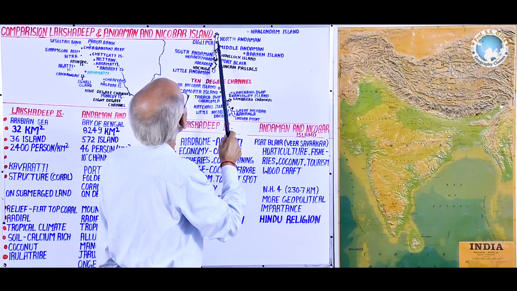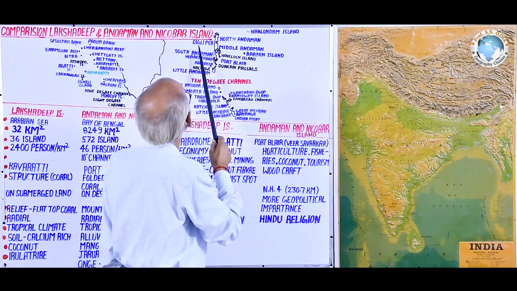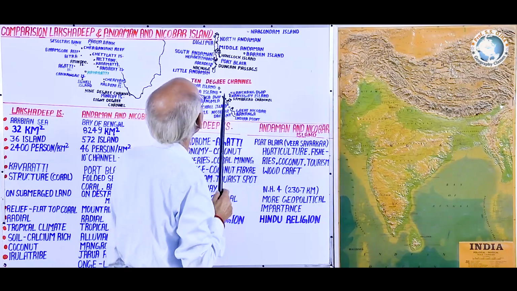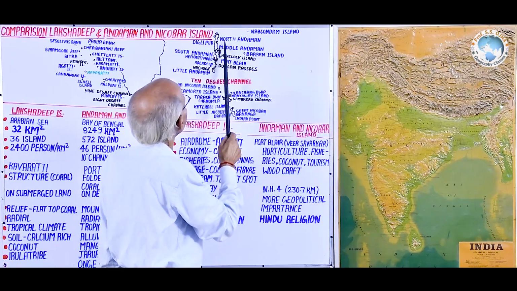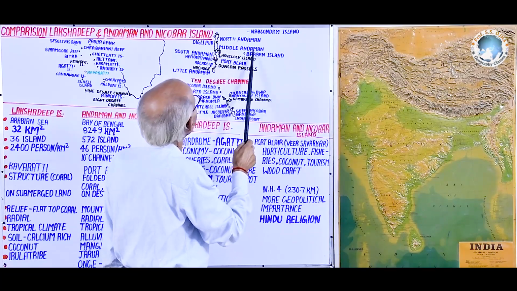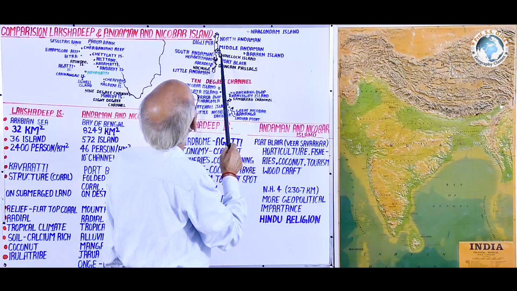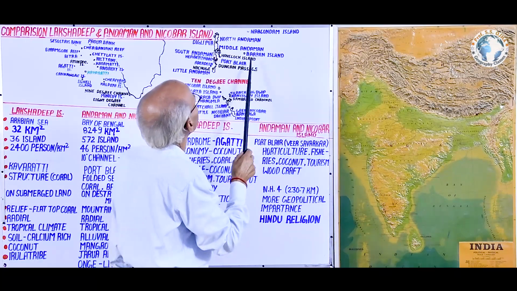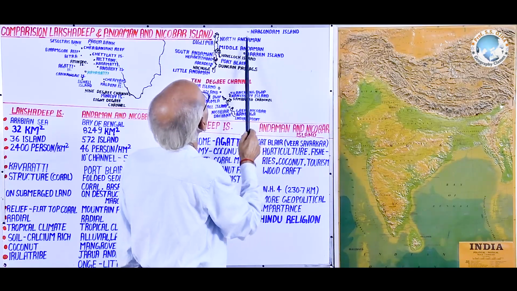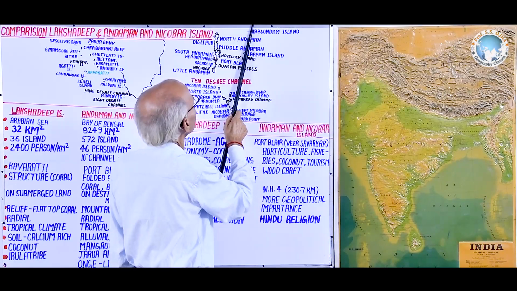Then on North Andaman is located Diglipur, a very prominent city, and to the south of this North Andaman island, it is Middle Andaman Island, and to the east of Middle Andaman Island, it is Barren Island. You are seeing that Narcondam and Barren are located along a line.